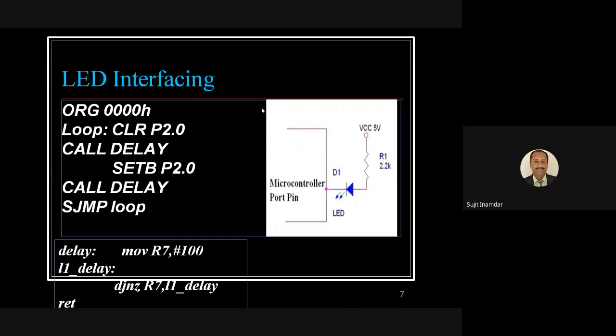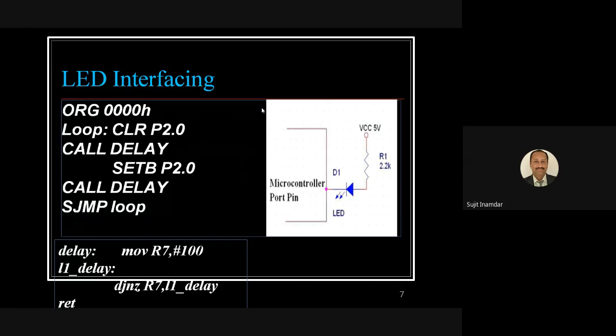In this diagram, whatever port pin of the controller is used, there the cathode of the LED is connected, and the anode of the LED is connected to the VCC. That means whenever a zero signal comes at that cathode, the LED will glow, because the VCC is not going to change anyhow.